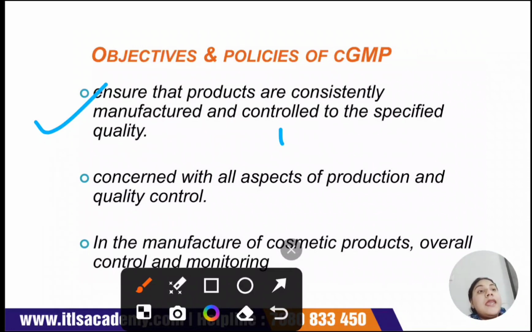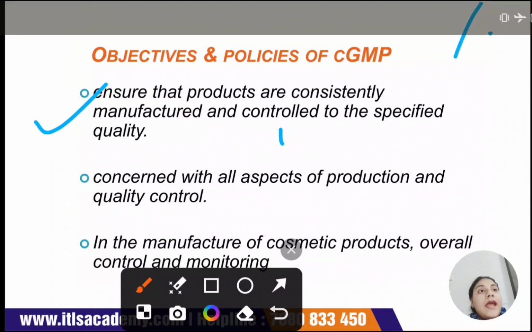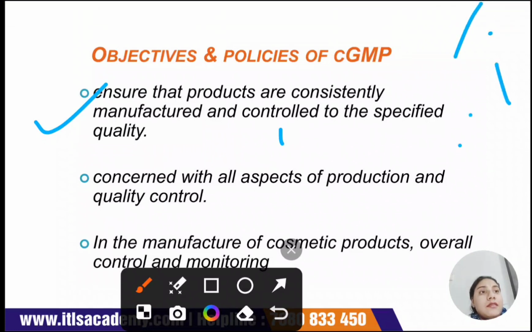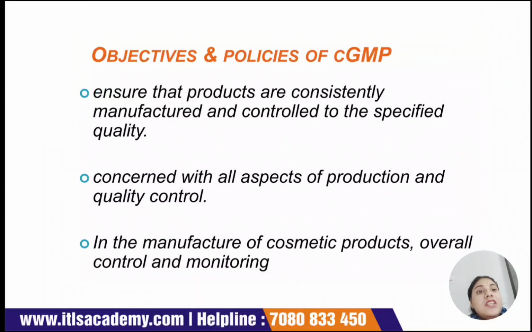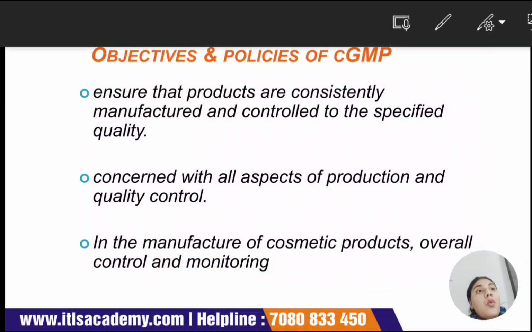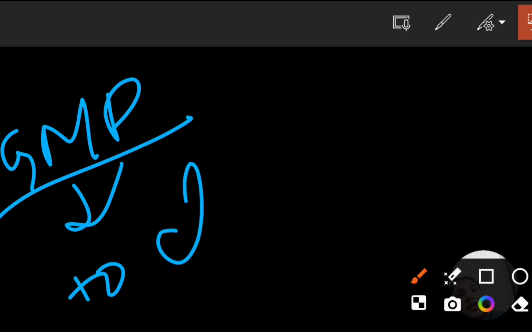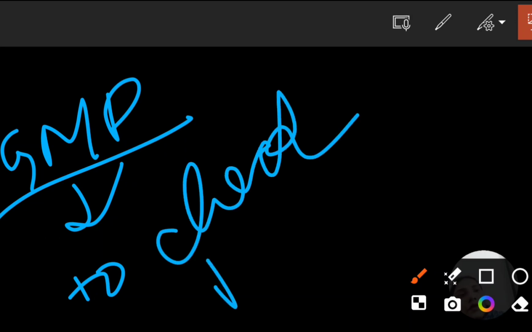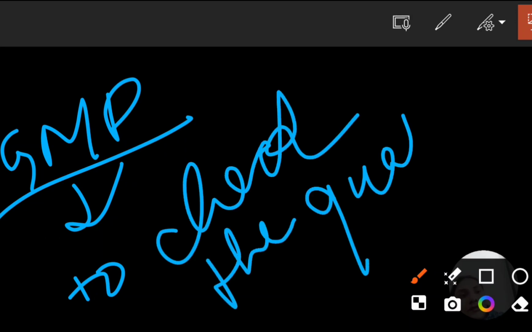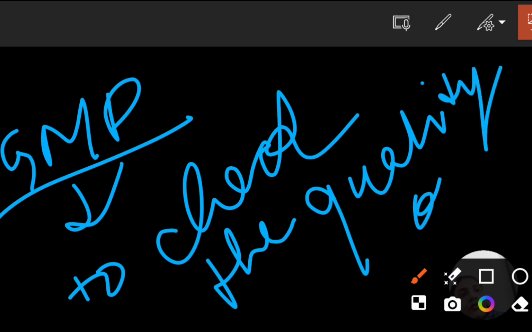I am writing it here: CGMP is basically checking the quality of the product. So if anyone asks you what the objective of CGMP is, it is to check the quality of the drug.